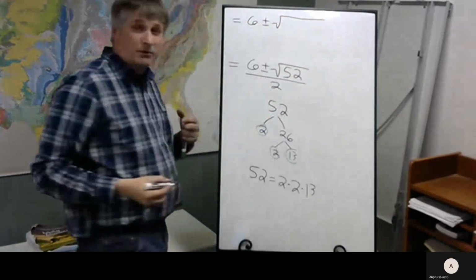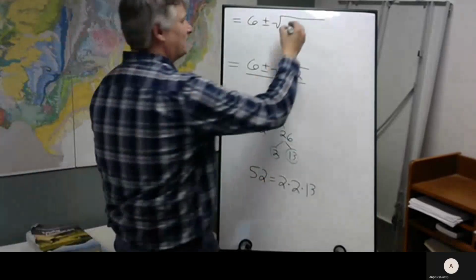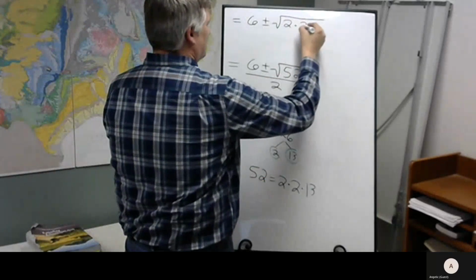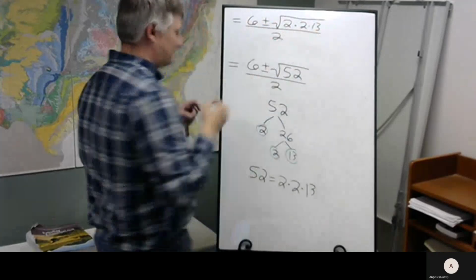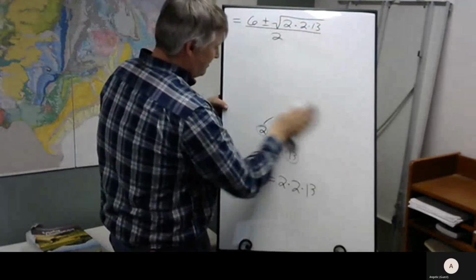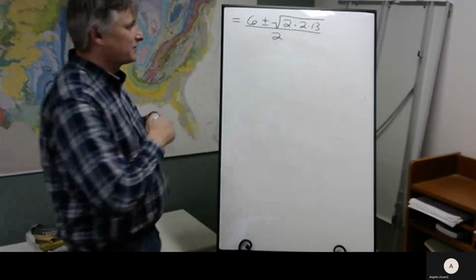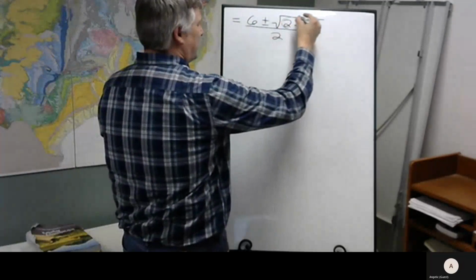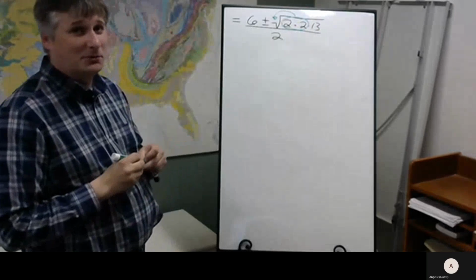So instead of the square root of 52, let's write square root of 2 times 2 times 13. And now, if we use our rule of pairs, there's a pair of 2's, and they're going to pop out as a single 2.